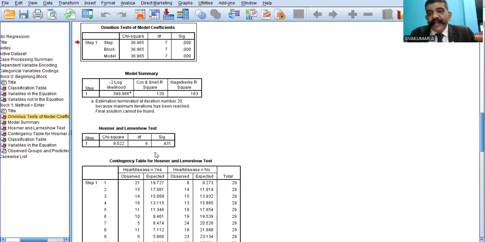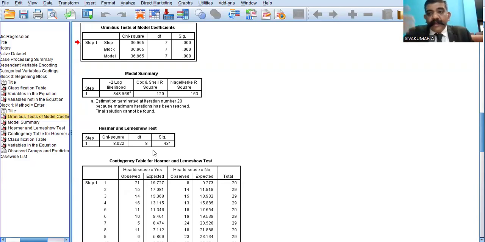In an ordinary test, if the p-value is less than 0.05, the test is significant. Please understand, here in the Hosmer test, if the p-value is greater than 0.05, then it is a good model fit. If the p-value is less than 0.05, it is a poor model fit.